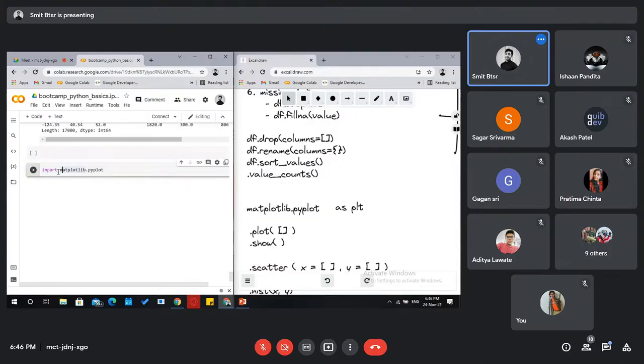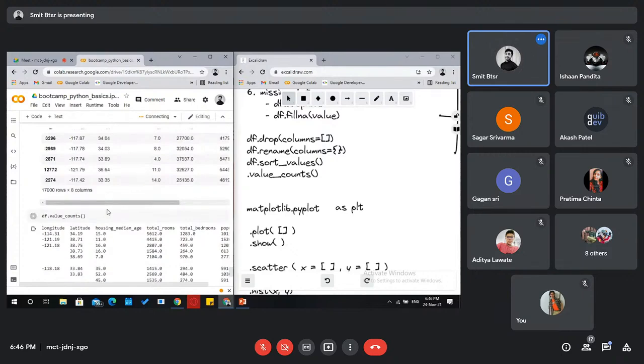Import matplotlib.pyplot, because we will only use pyplot functions to plot, as plt. All right.